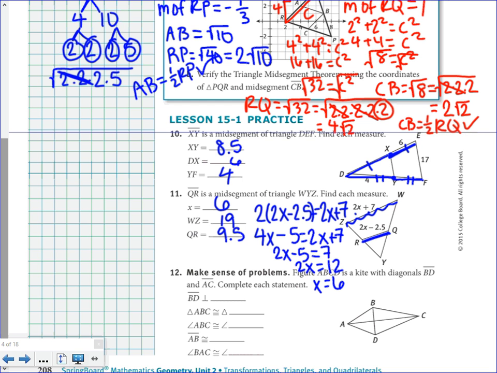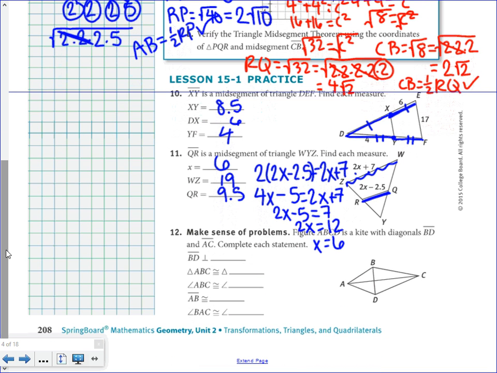Now looking at number 12. Figure ABCD is a kite with diagonals BD and AC. So that means that BD and AC are going to be perpendicular. That also means that triangle ABC is going to be congruent to triangle ADC, and that angle ABC is going to be congruent to angle ADC.